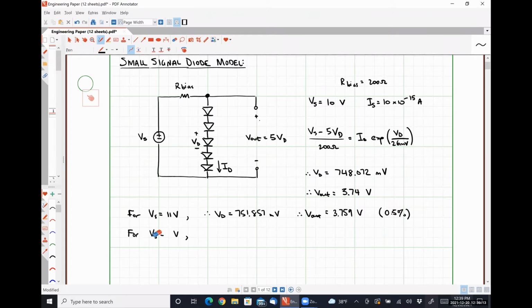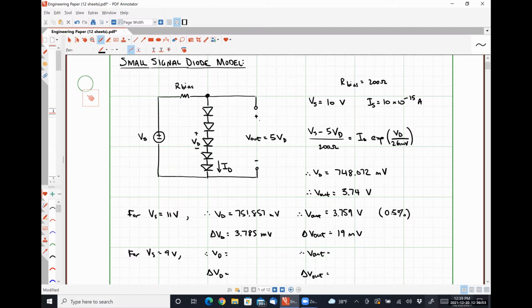Actually, when you get something, just shout it out. 743.655 millivolts, which makes V out 3.718 volts.